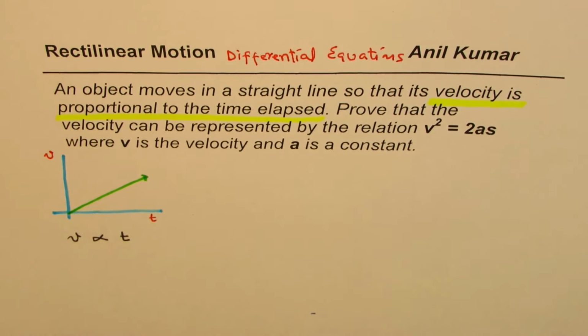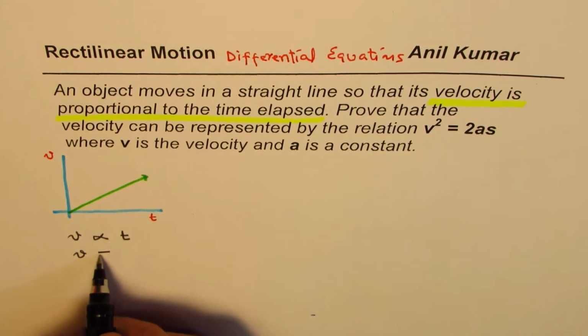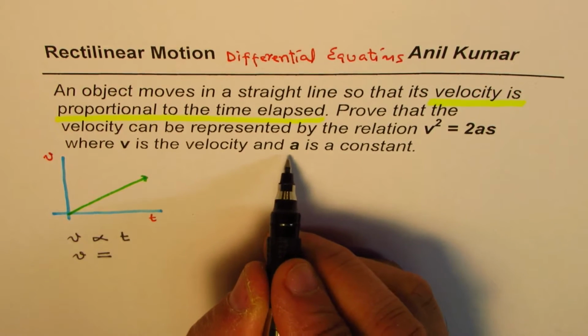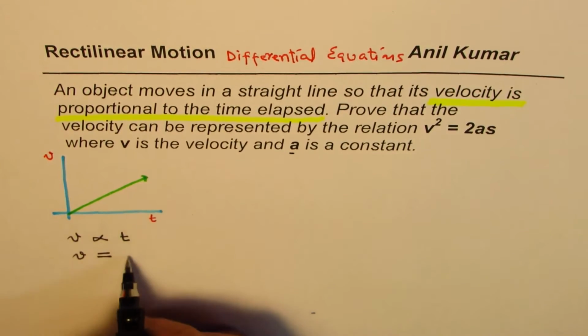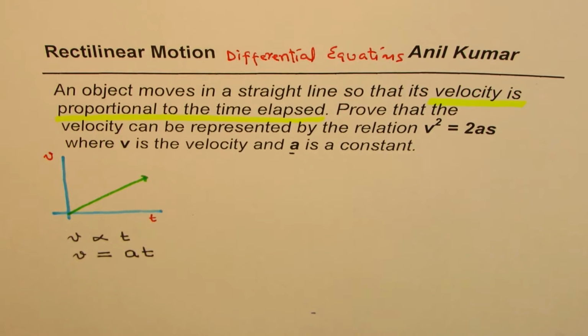Now whenever you have an equation which says something is proportional, there's always a constant of proportionality, right? So that constant times time will become an equation, and we are given the constant as a. So we'll use this a as a constant, at. So velocity equals at.